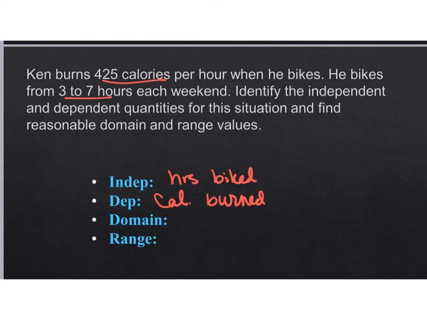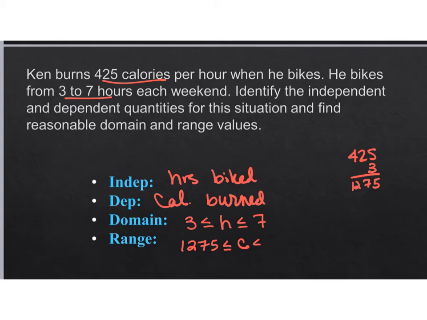So my domain then tells me that we are biking in between 3 and 7 hours. So I'm going to say 3 is less than or equal to H for hours, which is less than or equal to 7. And then the range, I have to figure out how many calories he's burning per hour. So if he's going 3 hours, he's burning 425 calories times 3 hours, which gives me 1,275 calories.